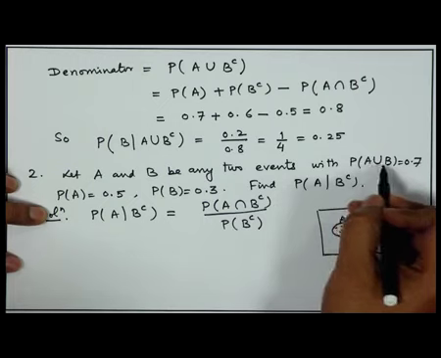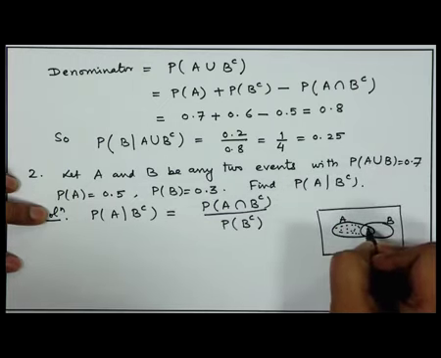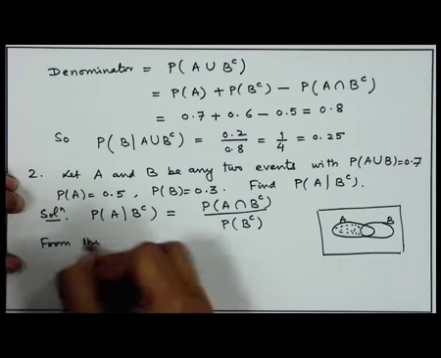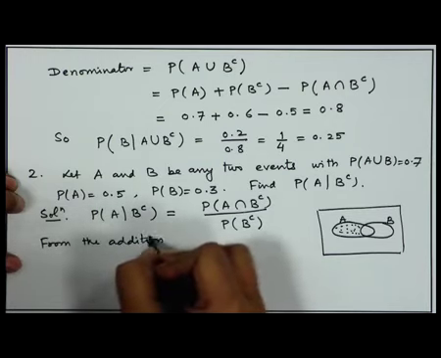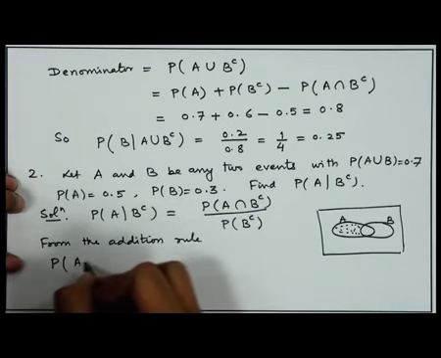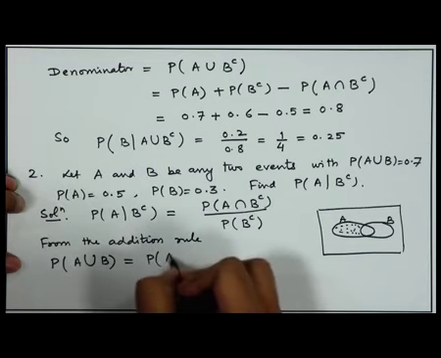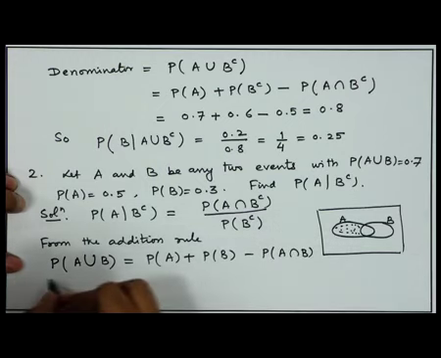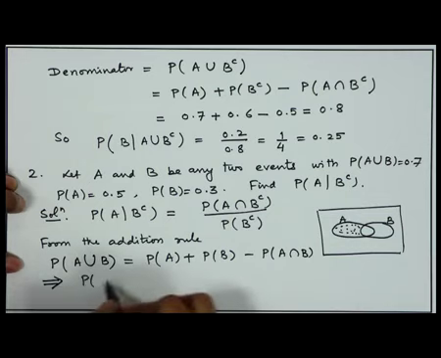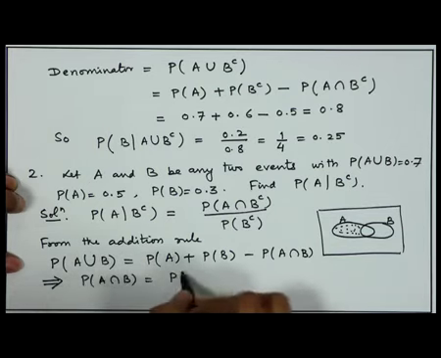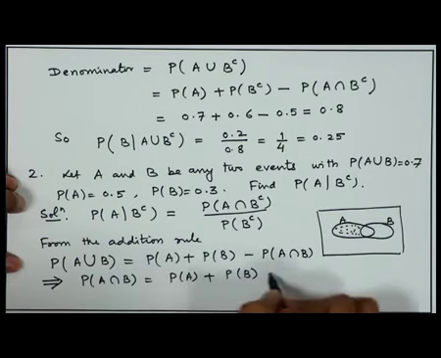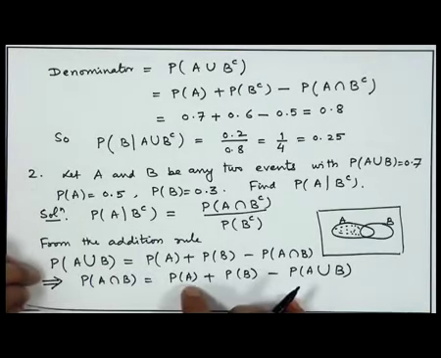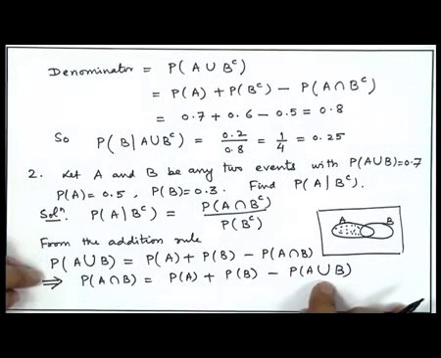We are given A union B, A and B. So, if we can look at A intersection B, we can calculate it using the addition rule: probability of A union B is equal to probability of A plus probability of B minus probability of A intersection B. So, that gives us probability of A intersection B is equal to probability of A plus probability of B minus probability of A union B. I have written this form because the values of probability A, B and A union B are available to us.